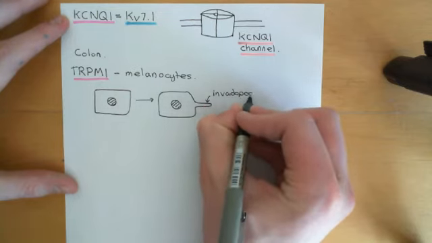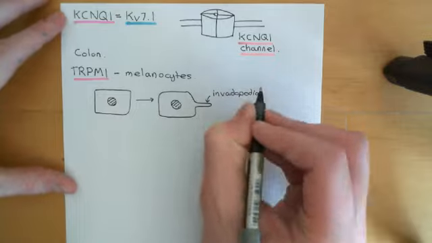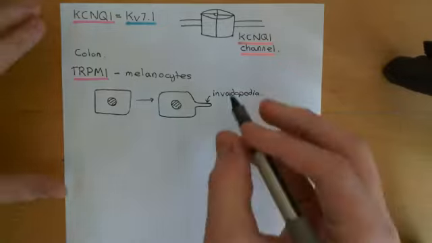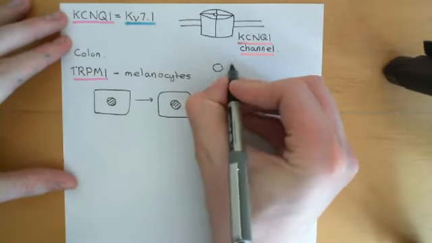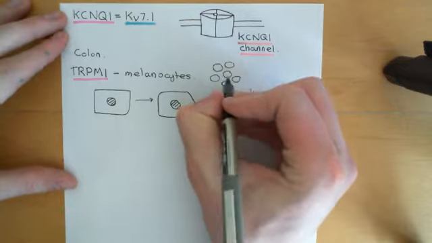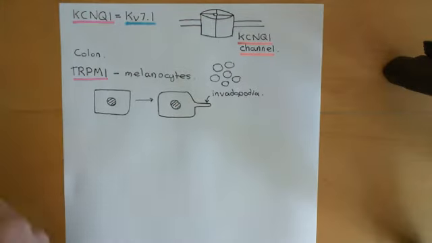Now, very importantly, you have to understand that the space in between cells is not just an empty space. It is in fact a meshwork of a huge number of molecules. So let me just draw this out. If we have cells here, this space between cells is not just an empty space.